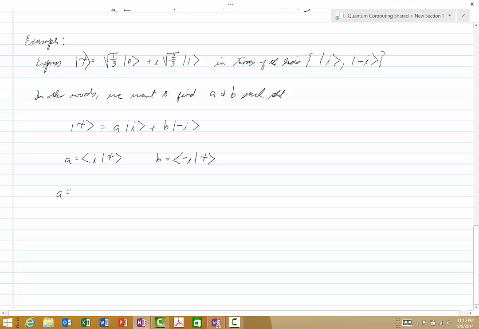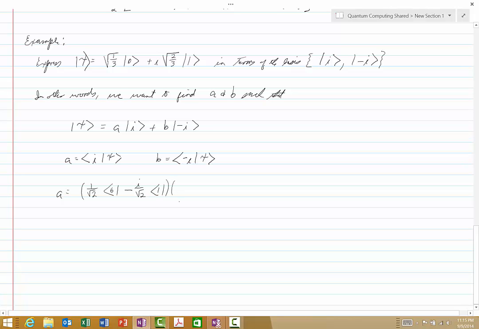A is equal to, okay, we know that the dual of i is equal to 1 over square root of 2 times the 0 bra minus i over square root of 2 times the 1 bra.